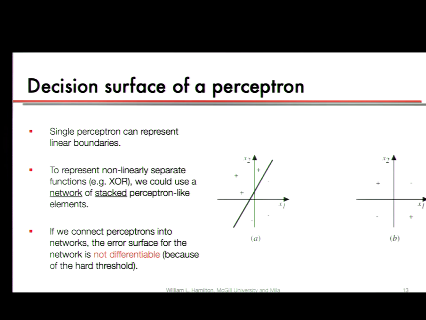These stacks of perceptrons, or perceptron-like elements, because they're not just perceptrons, are the traditional notion of what a neural network is. In a neural network, every unit, every neuron, is like a little perceptron, and we're combining a bunch of these perceptrons together to make more complicated decision boundaries.